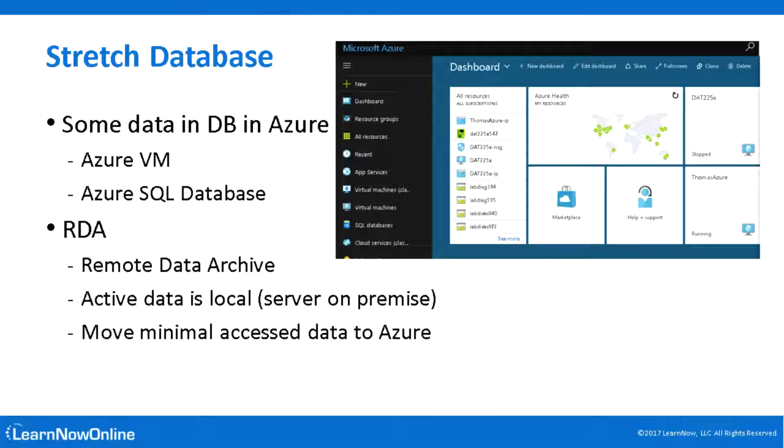This predicate is always a where condition. The where condition is the known area to place the current data that's being used on premise, whereas the stuff that's not used frequently gets put in Azure. The data is stored remotely and in the cloud, but it appears to be local.